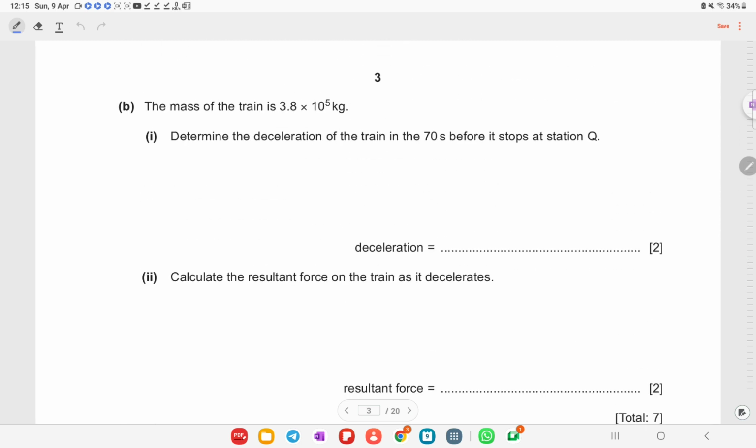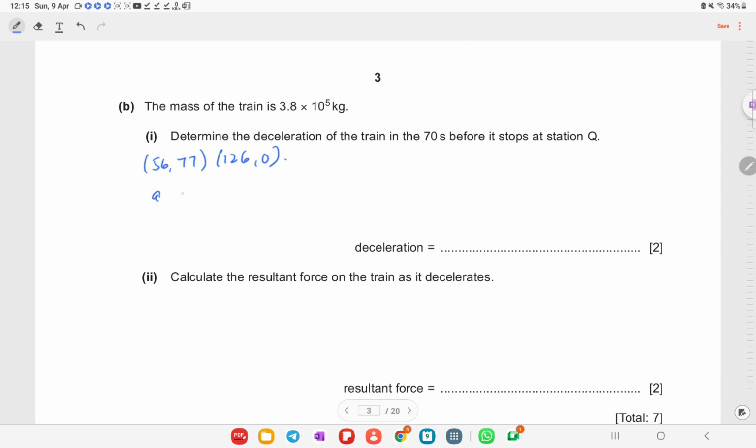Moving to question number 2. It says that the mass of the train is 3.8 times 10 to the power 5 kg. Determine the deceleration of the train in the 70 seconds before it stops at the station. For this you have to find the coordinates, which will be around 56, 77 and 126, 0.